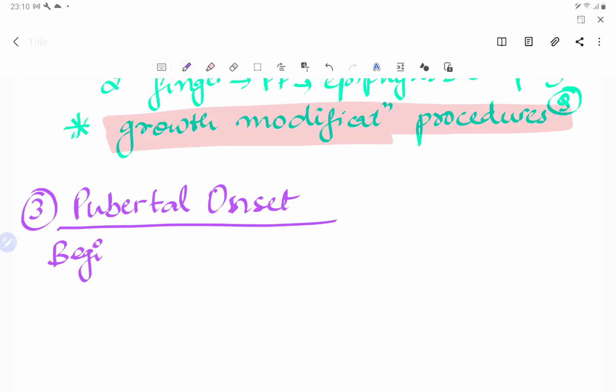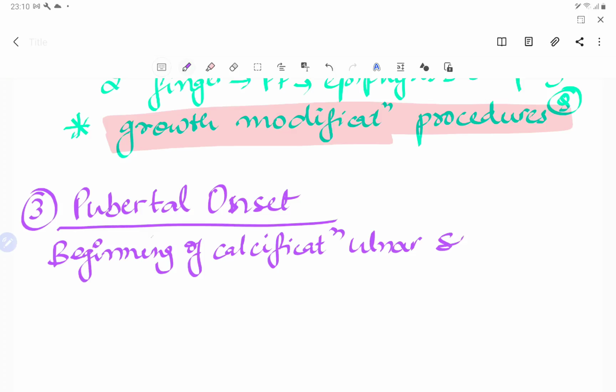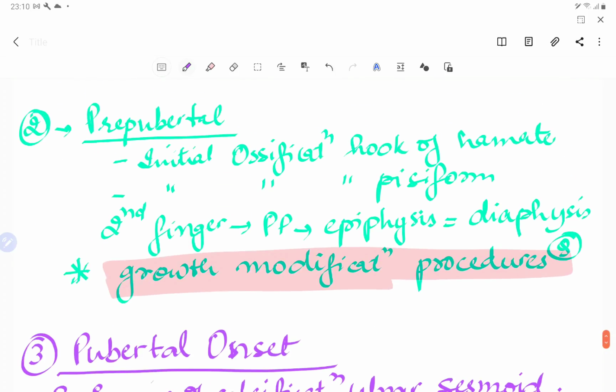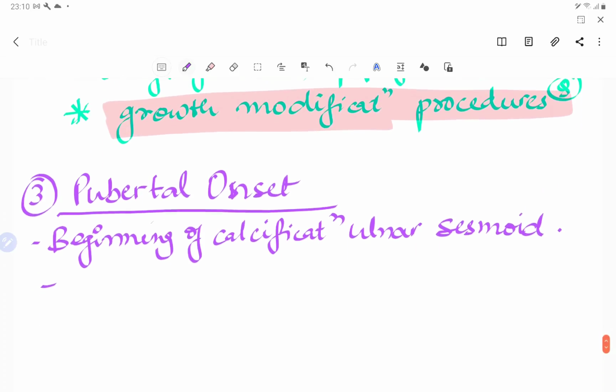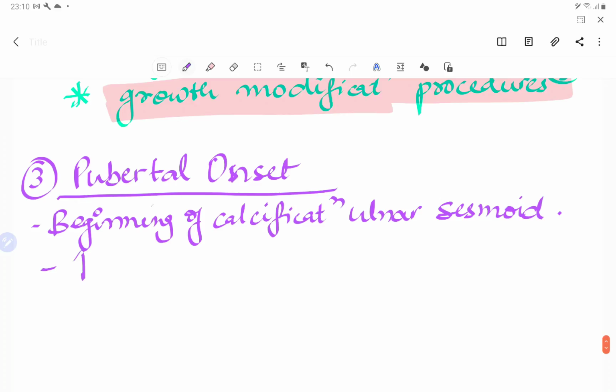So I am writing beginning of the calcification of the ulnar sesamoid. And also we will be talking about the hook of hamate and pisiform now. So there is increase in the calcification.